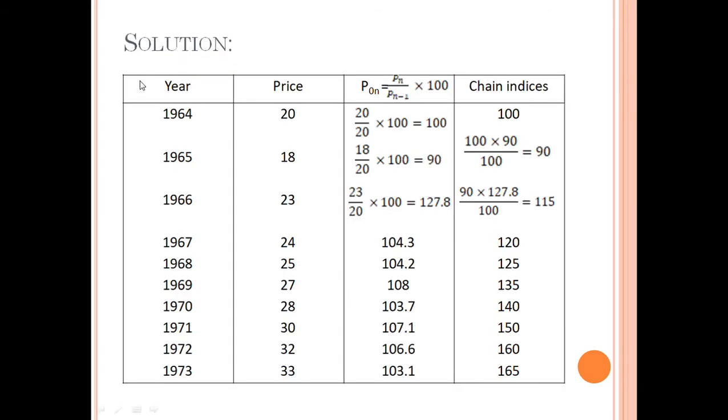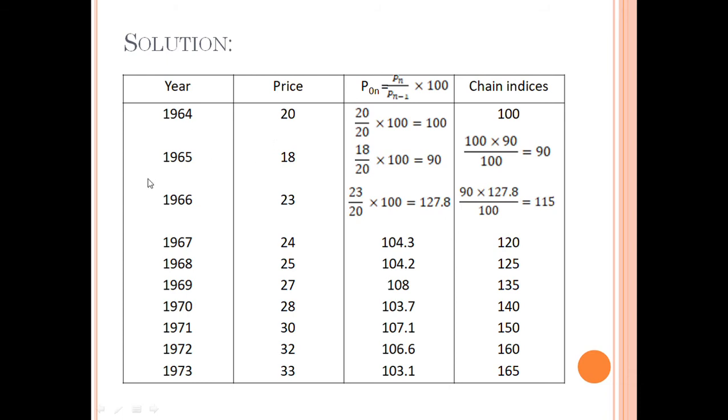First of all, years are written as they are, and then prices are written. Then link relatives. For link relatives, the price of every previous year will be the base for every current year. Now here no previous year is given for 1964. It is the first year, so the base will remain the same. For example, 20 will be divided by itself, 20, and multiplied by 100, and it will become 100.